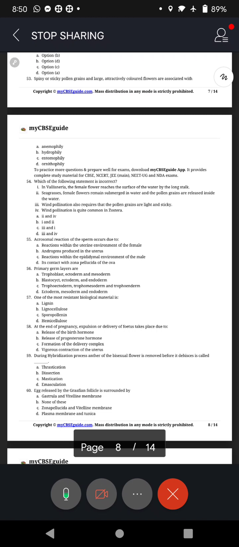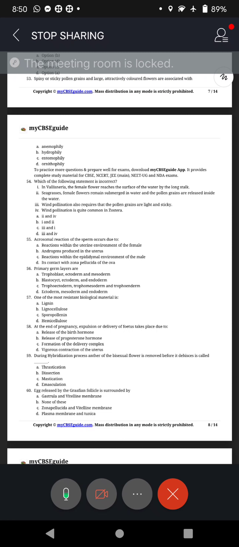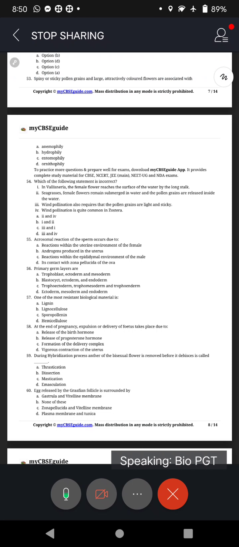Second statement, sea grasses, female flowers remain submerged in water and the pollen grains are released inside the water. Third, wind pollination also requires that the pollen grains are light and sticky. Fourth, wind pollination is quite common in Zostera. Now A, second and fourth statements are incorrect because he is asking about incorrect. B, 1 and 2. C, third and 1. D, third and fourth.